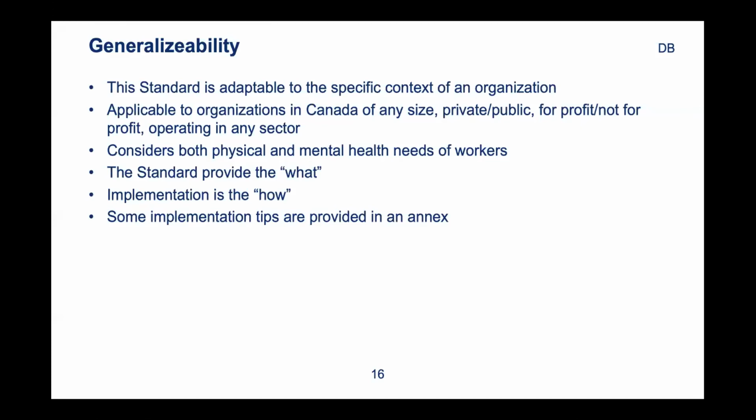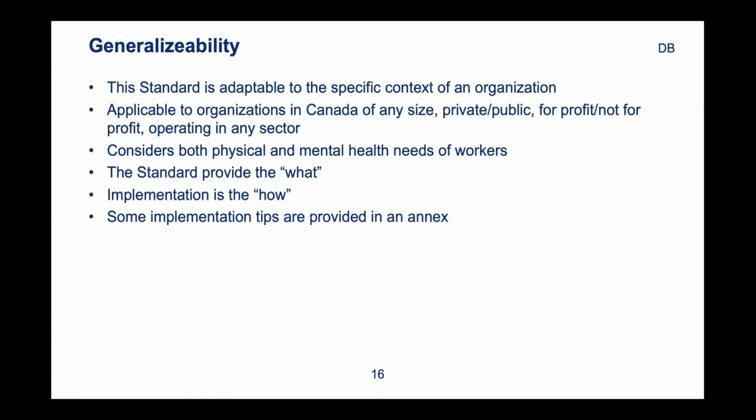We want to emphasize that the standard considers both physical and mental health needs of workers and is inclusive of visible and non-visible disabilities. This standard provides the what needs to be done, again, as I said, the mandatory requirements, and also implementation, as in how you should go about implementing that clause and that requirement.